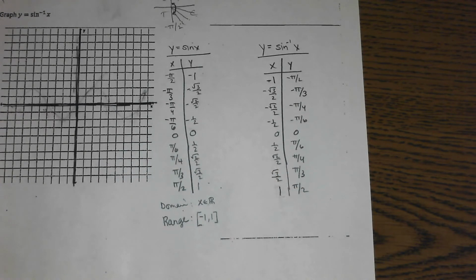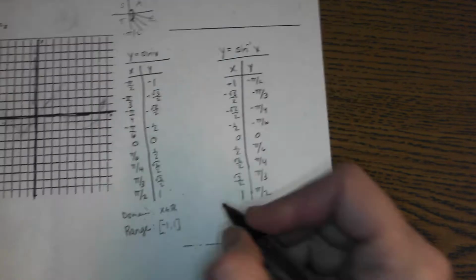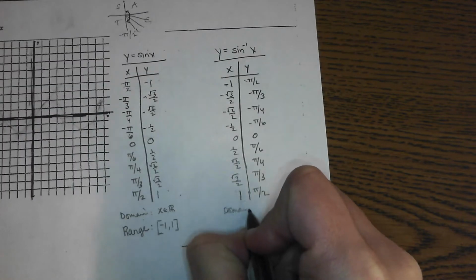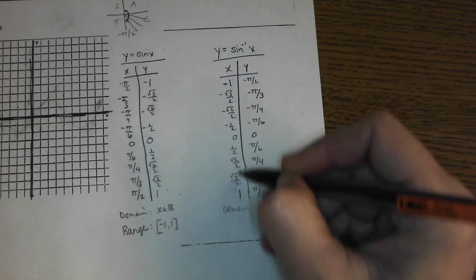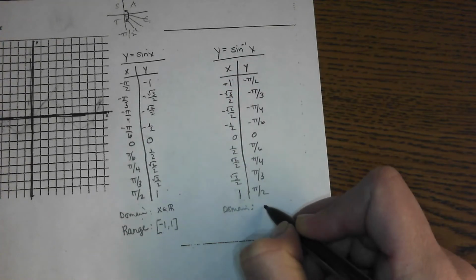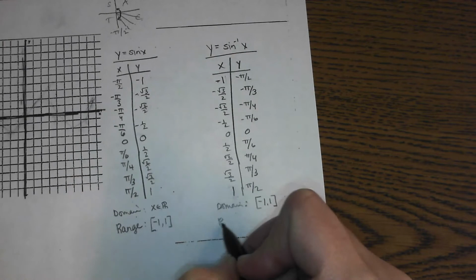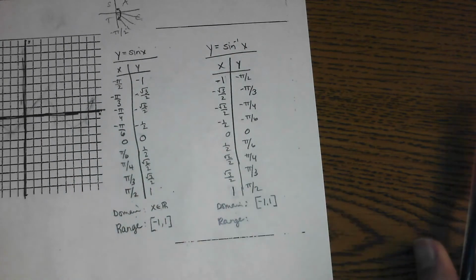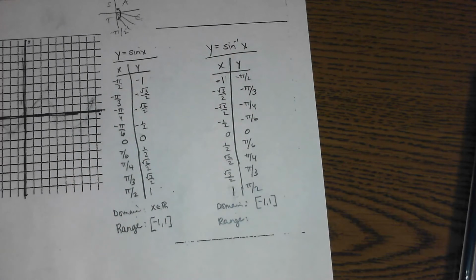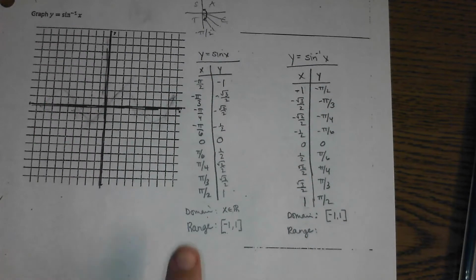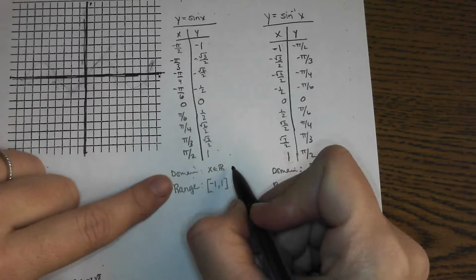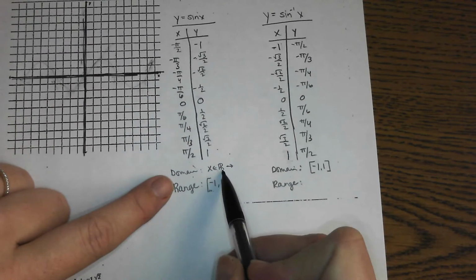When you go to the inverse, those things are flip-flopped, right? So your domain, if you look at your numbers, is obviously only between negative 1 and 1. And your range would be all real numbers, but remember on this one, we had to look at a restricted section of it, right?